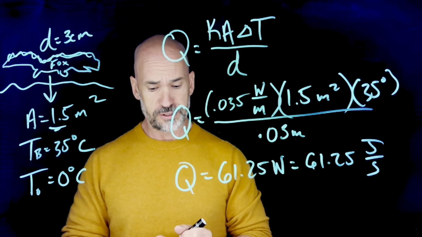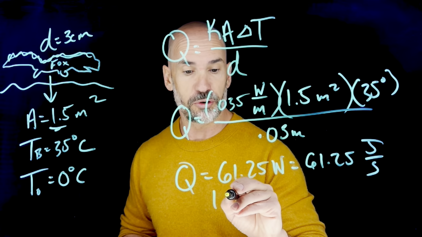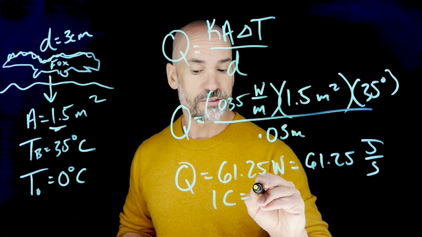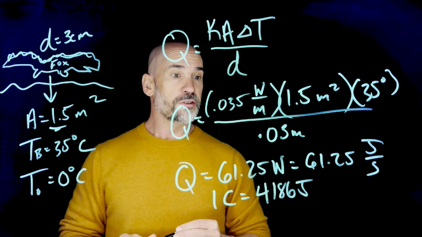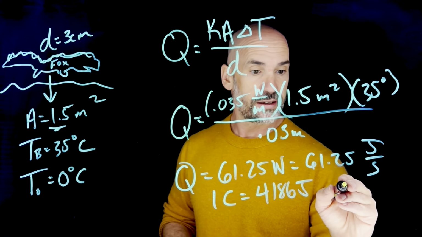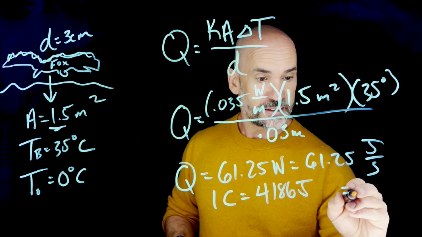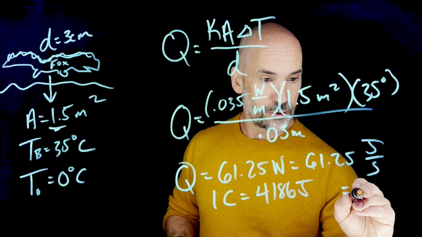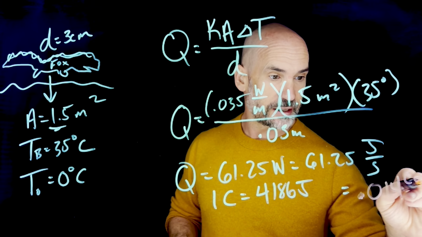Well, first things first, we know that in 1 food calorie, in other words, 1 kilocalorie, there are 4,186 joules. So if I divide this number, then immediately I find out that this fox is losing about 0.014 calories every second.